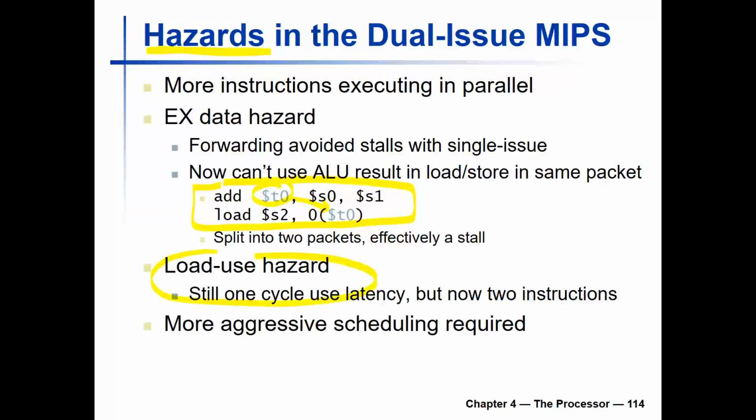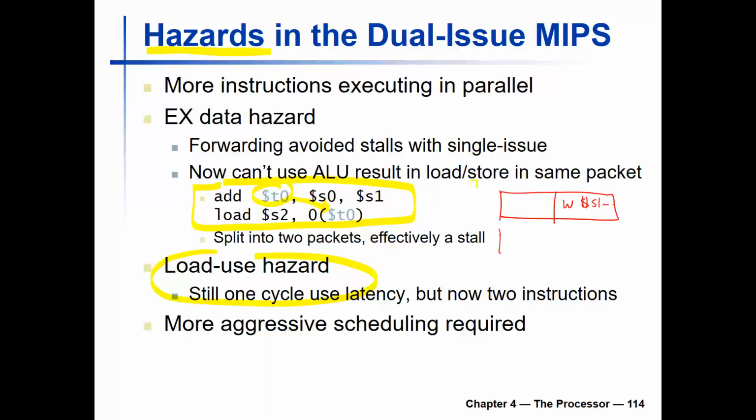Load use hazards also impact dual issue. So we still have to wait one cycle. Suppose, for example, you have a packet here where you have a load on S1, so you're loading.